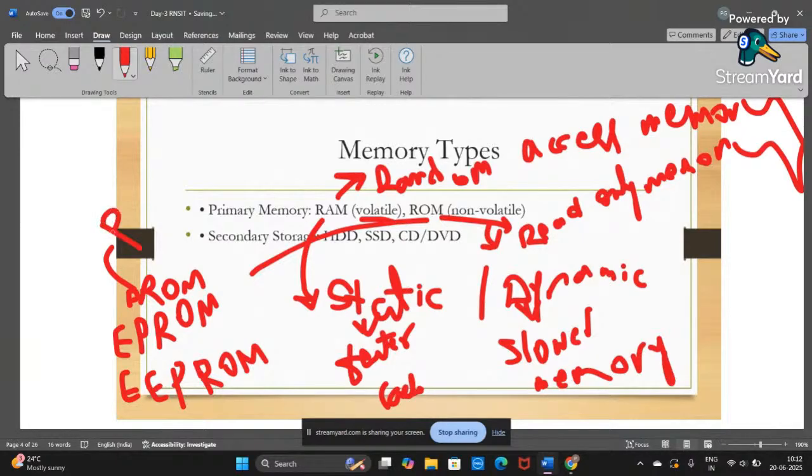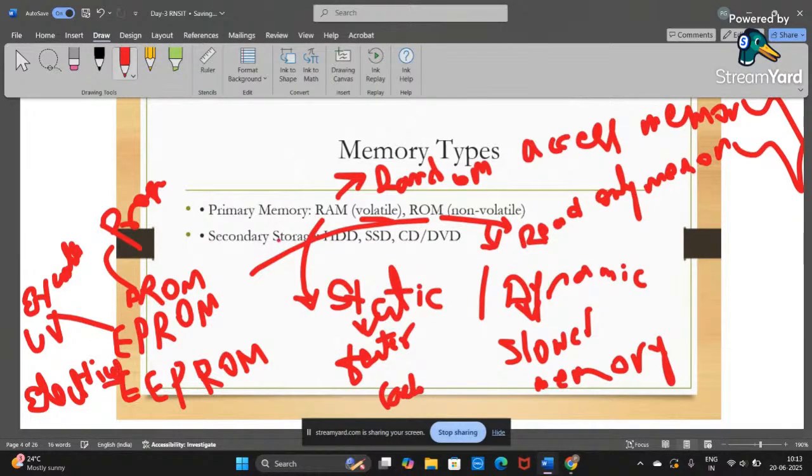PROM means programmable once. That's all. EPROM means erasable with UV light. Then EEPROM is electrically erasable.